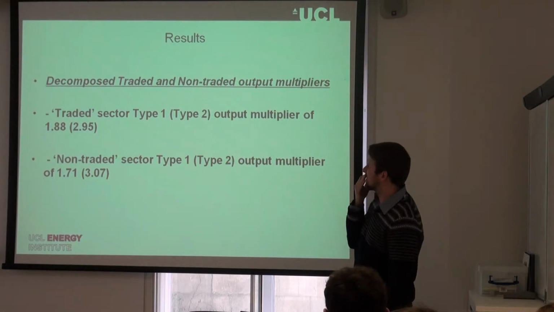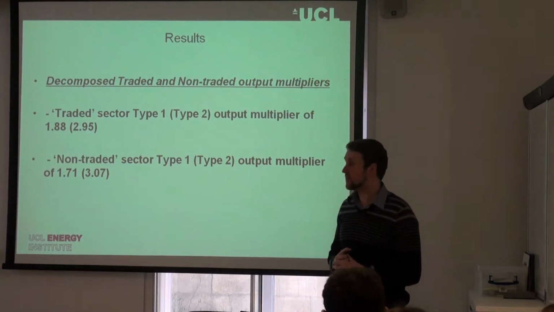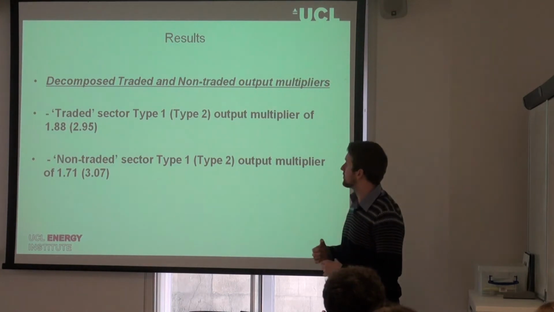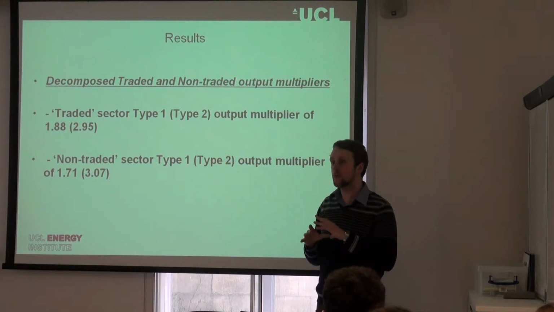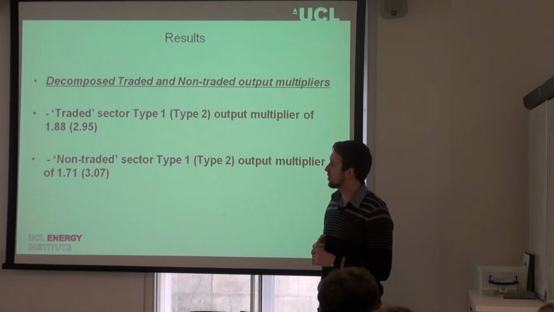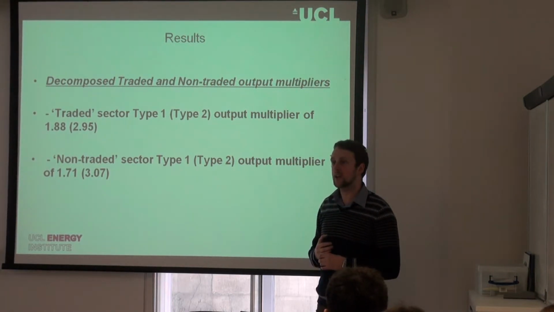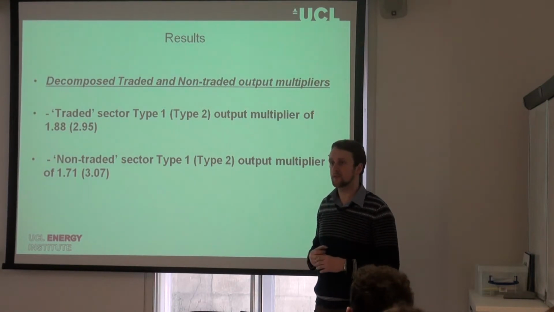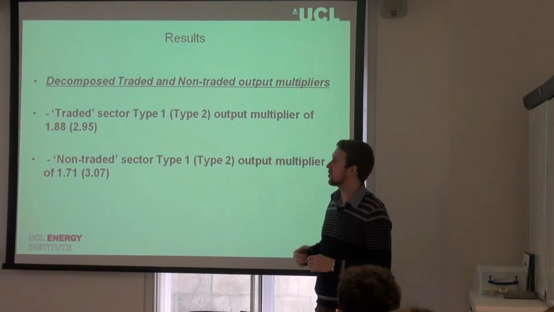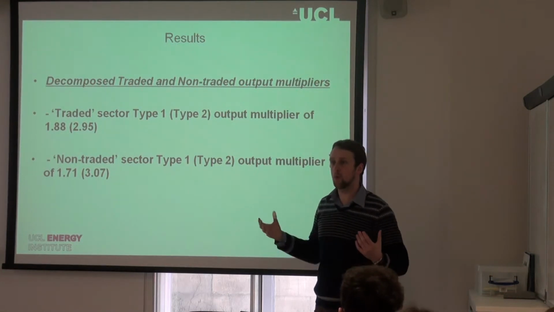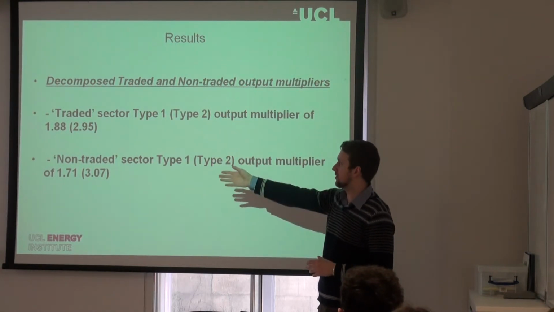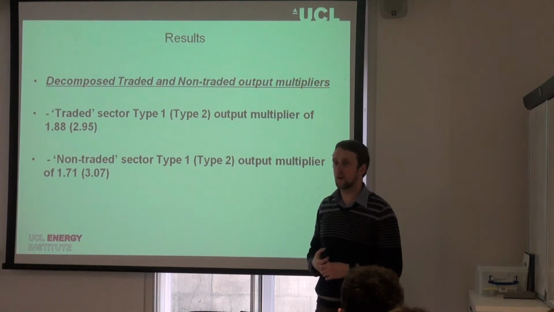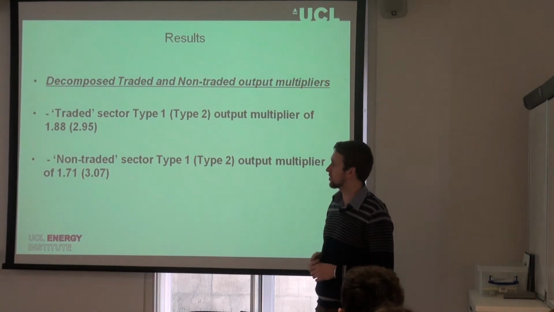So I tried to give an aggregate result of these, which is that the traded sector as a whole has an output multiplier of roughly 1.88. So for a 100 million increase in final demand for those sectors, you're going to have a 188 million increase in output overall in the economy, and the non-traded sectors are slightly less, 1.17.